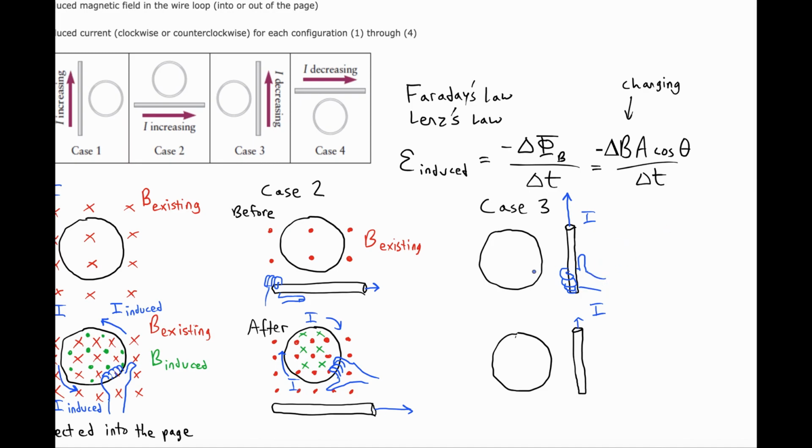That tells us that we're going to have an existing field directed out of the page over here. But it's a strong field. It's going to get weaker over time.